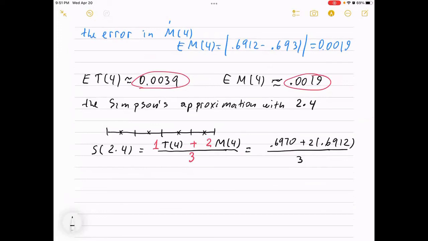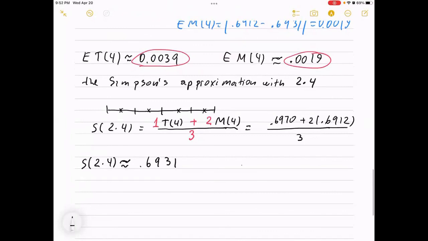So then Simpson approximation of 2 times 4 is going to be, up to 4 decimals, 0.6931.